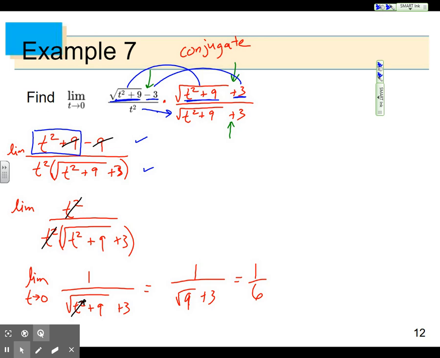Because whenever I do my next step right here, I'm going to have a t squared left on top, and this t squared that I did not distribute through, it's going to be tough to distribute through, did not go through right here. It canceled, leaving me with the 1 on top. I have something a lot easier to take the limit of, and I ended up with 1/6.